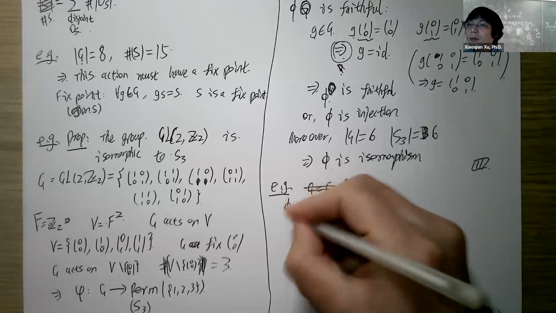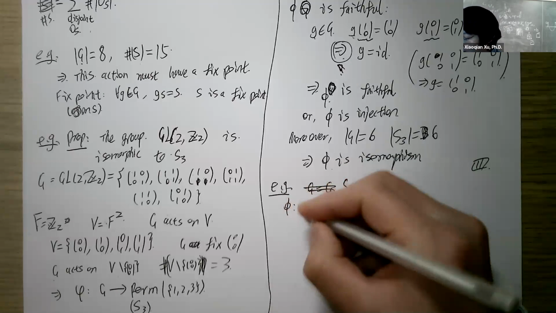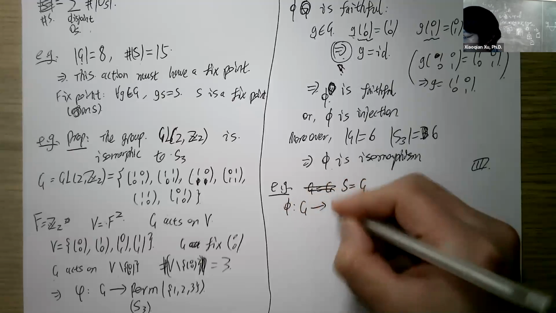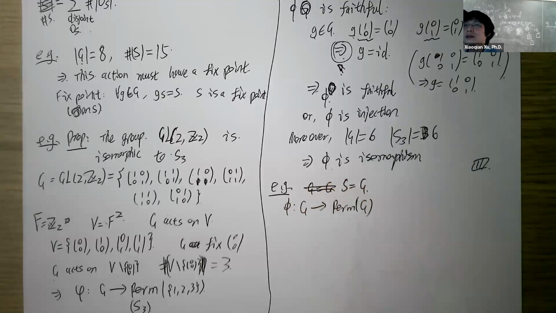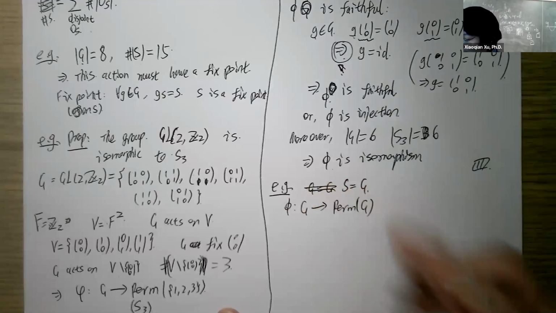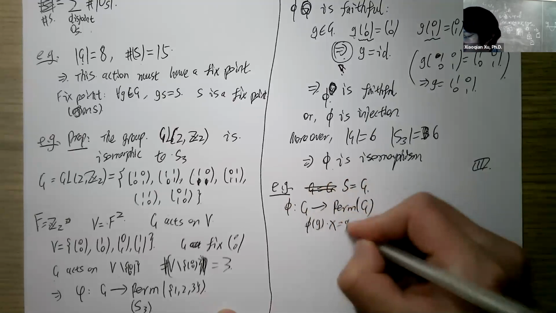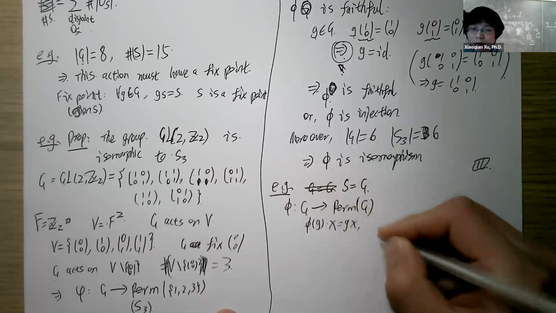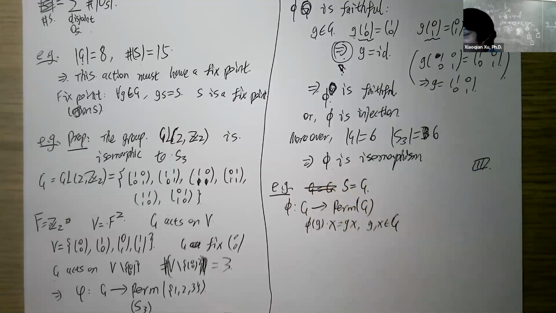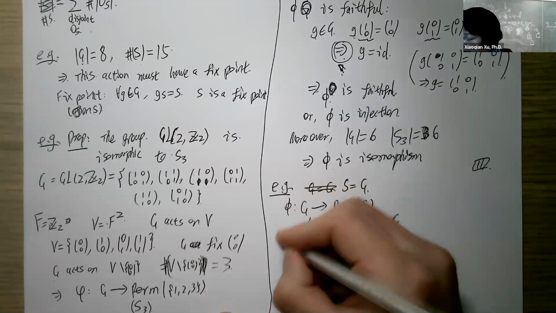So there is a homomorphism from G to the permutation group of G, where you see G as a set that contains n letters, n is the order of G. You map g times x to gx, both belonging to G. If you think of it this way, then what we have is the so-called Cayley theorem.